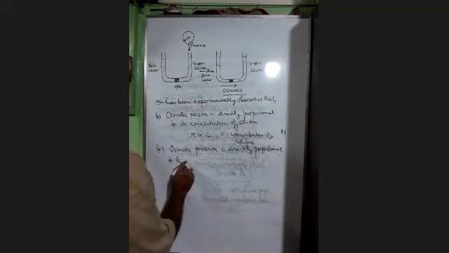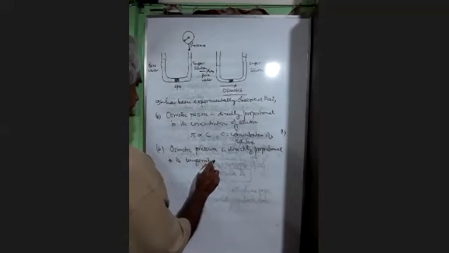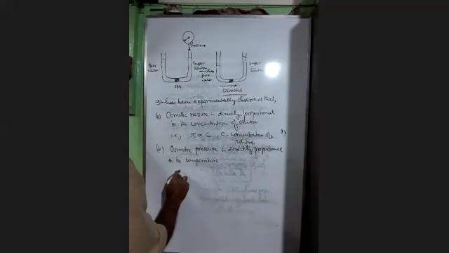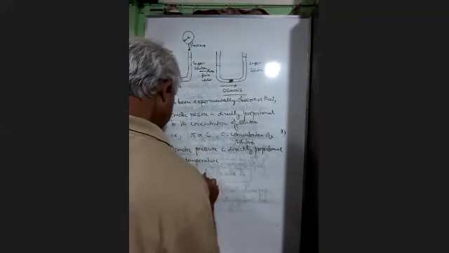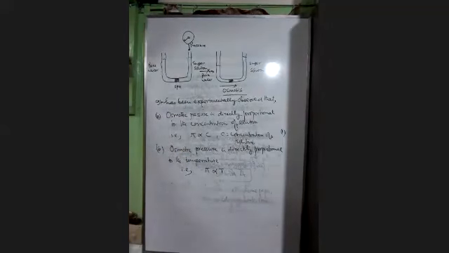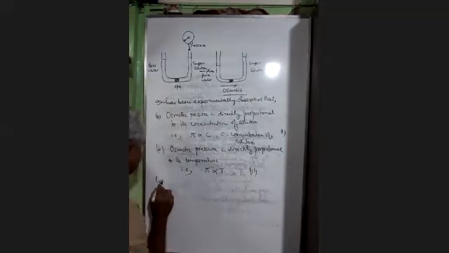Also, pi is proportional to the absolute temperature T. This is equation 2.